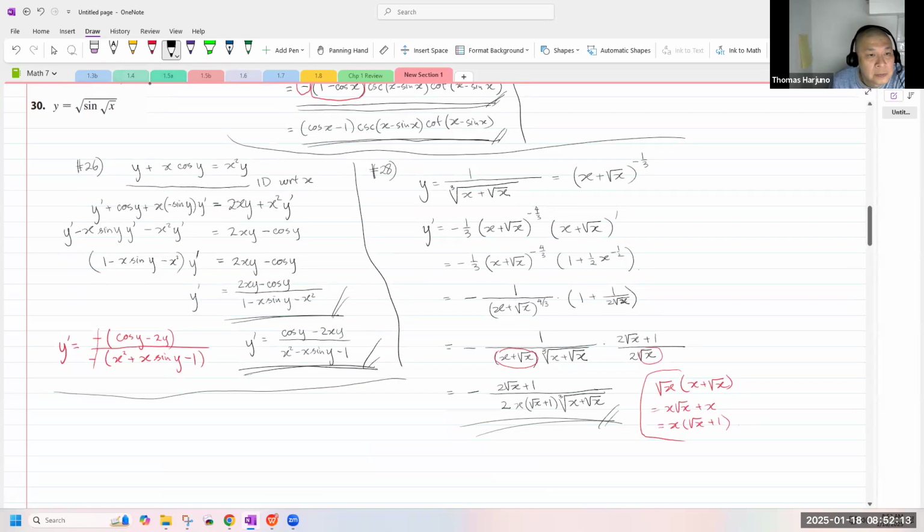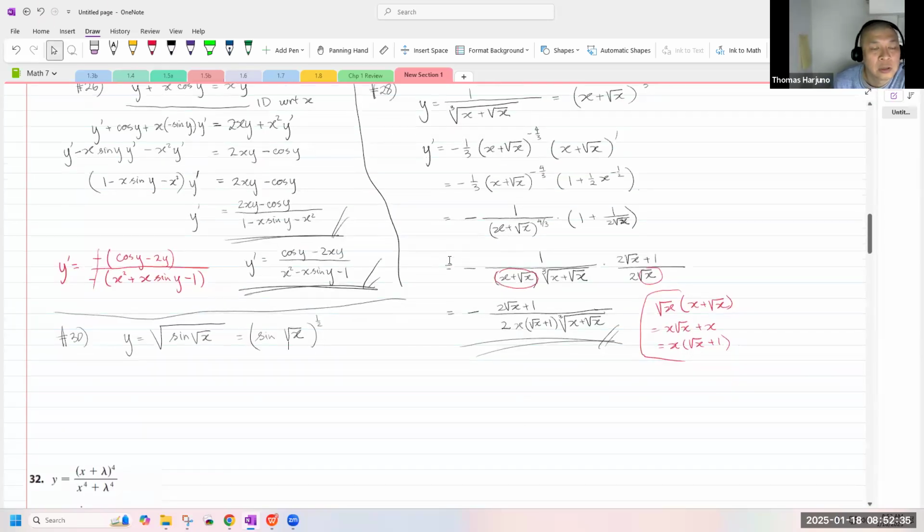Number 30. y equals square root of sine of square root of x. Let me rewrite this as sine of square root of x to the power of 1/2. That way I worry about the outer square root first, the one on the outside.